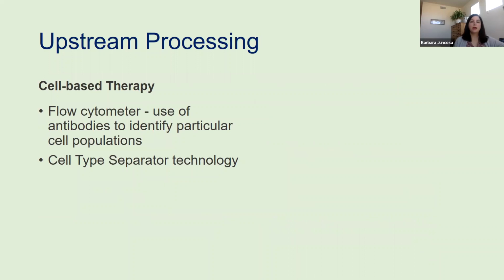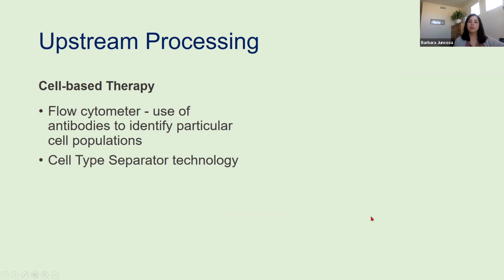So in terms of upstream processing specifically for cell-based therapy, again, here's where the flow cytometer would come in, as Dominique had introduced us to earlier. Also some cell type separator technology, particularly if this is coming from a patient where you have different blood cell types that might need to be separated.